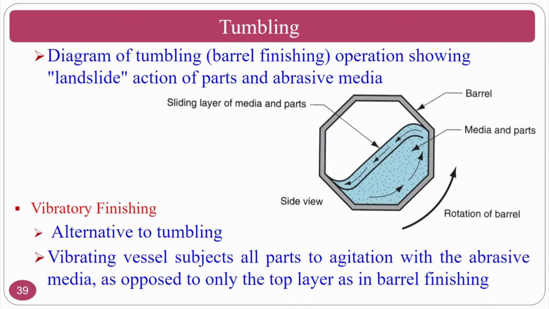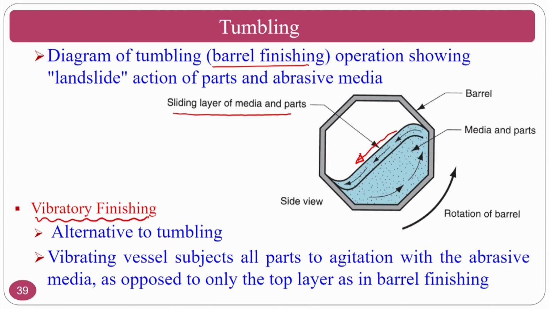So, this is about tumbling again. If you see the diagram of tumbling, it is nothing but the barrel finishing operation showing the landslide action. This is how the sliding takes place. That means the abrasive medium moves like a landslide like this, and the finishing takes place.